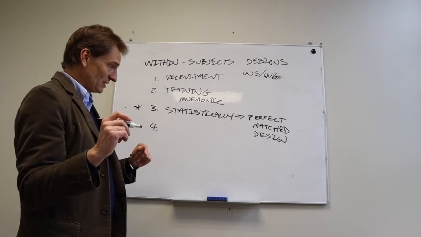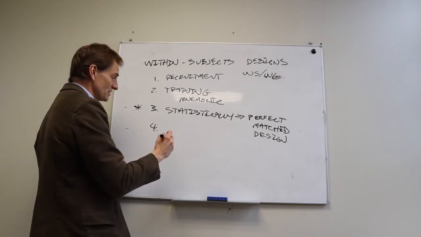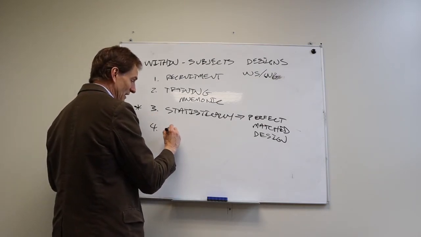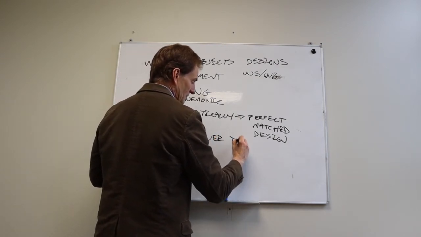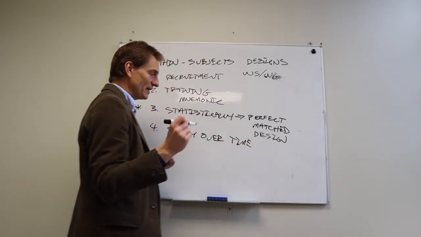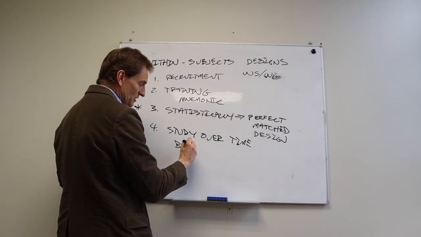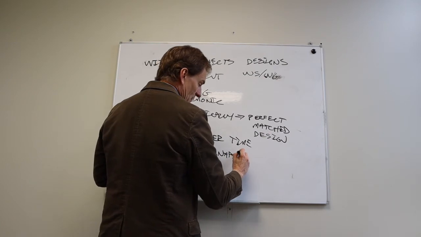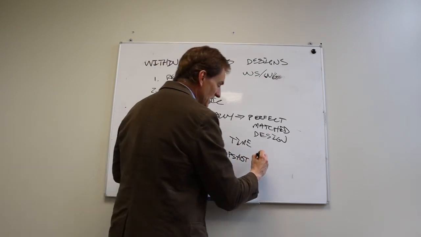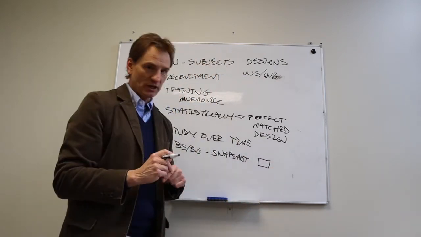The fourth advantage is that within subjects designs allow us to study people over time, okay? So we get to see you in every condition. In a between subjects, between groups design, it's like a snapshot because we only get to see you in one treatment condition, okay?